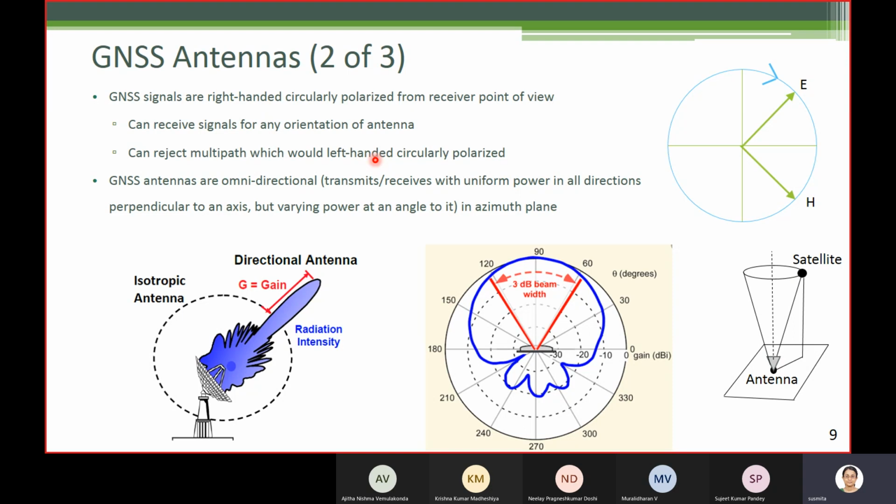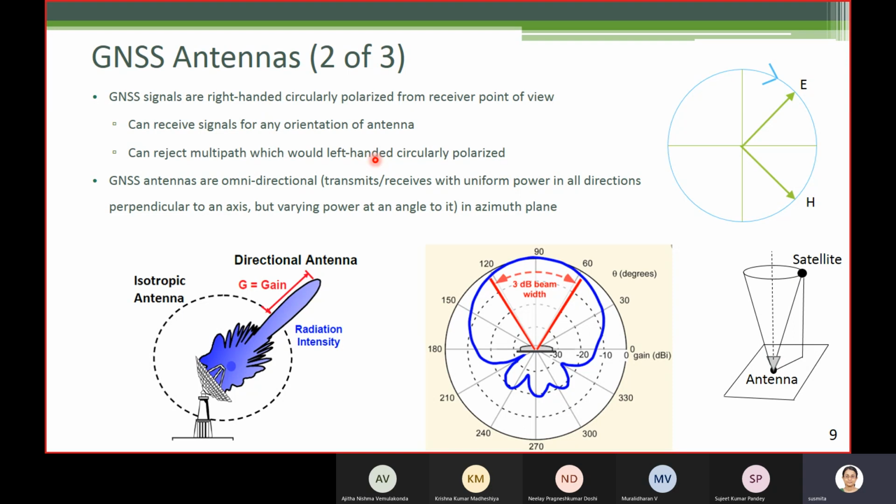But you should also note that after each reflection, it also gets attenuated. So after 2 reflections, although it will be received by the antenna because it becomes RHCP, it will be much weaker. So multiple reflections means it will be weaker.